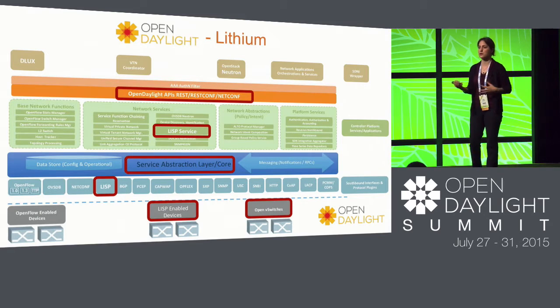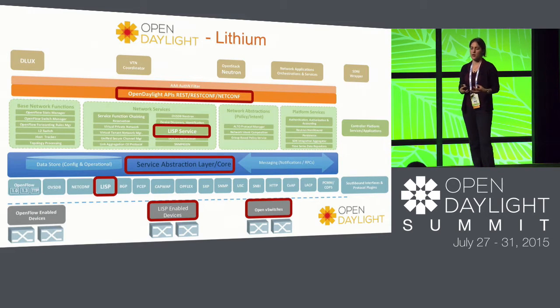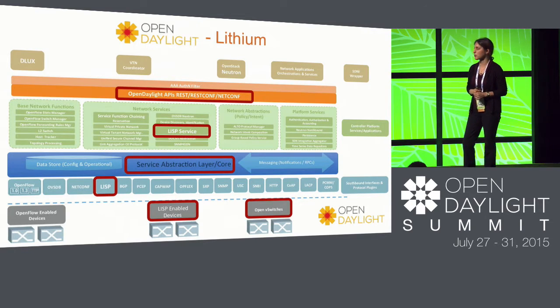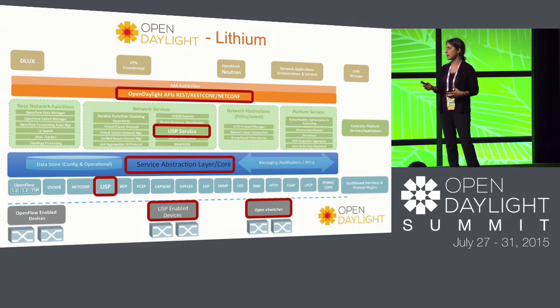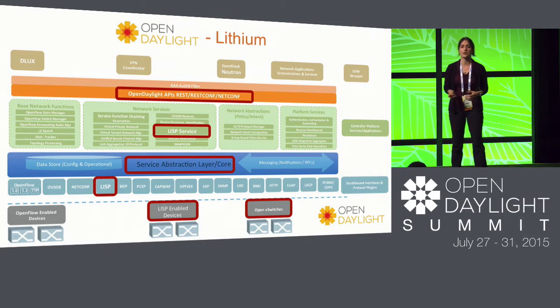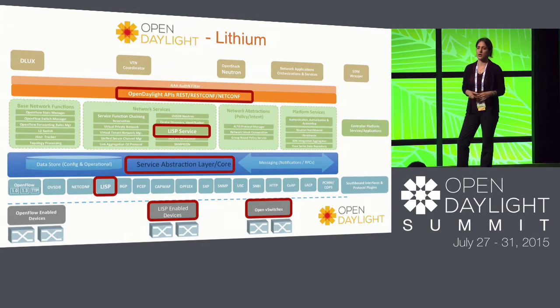What we bring to ODL is that we make ODL support the mapping of overlay to underlay address spaces, including the forwarding policy that can be programmed there. And then we have the Lisp plugin that will enable Lisp-enabled devices to access that mapping layer using the Lisp protocol.